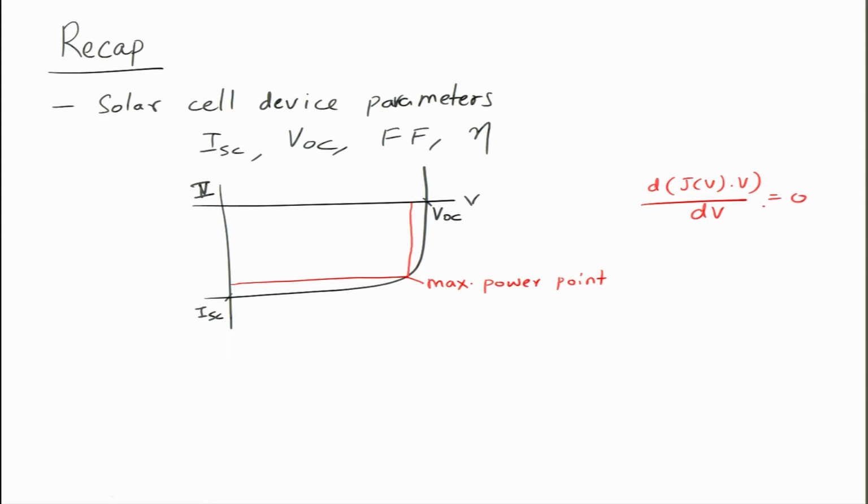Wherever this is equal to 0, that is the maximum power point. Corresponding to this, you have IM, the maximum current that can be extracted, and VM, the maximum voltage that can be extracted.